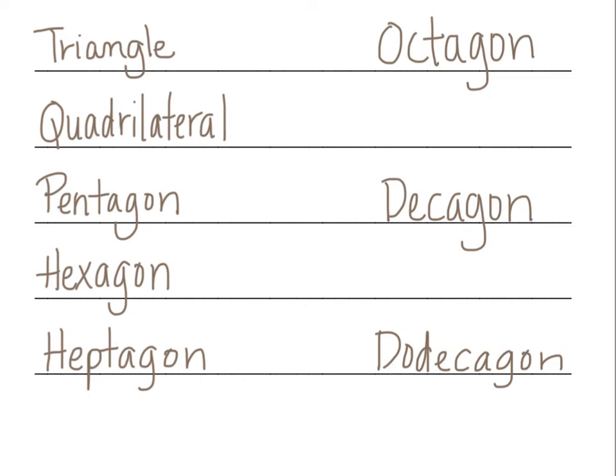Now, some of them you're going to be pretty familiar with. For example, the triangle has 3 sides. The quadrilateral, quad means 4, so the quadrilateral has 4 sides. Now, that can be a square, a rectangle, a parallelogram, a trapezoid.